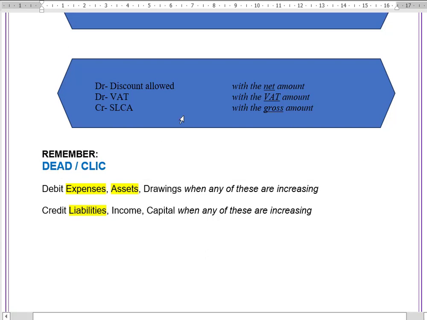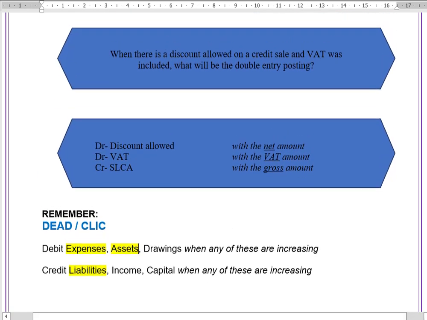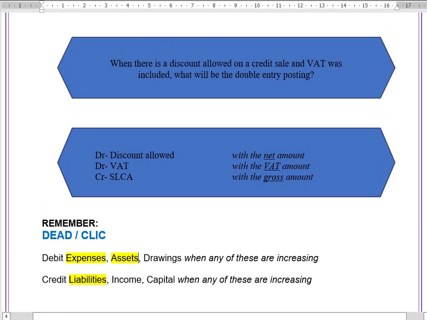So hence, we are crediting SLCA. So please remember, your scenario is the fact that a customer has paid you and now they're taking on a discount. That usually will be your prompt payment discount. If they're taking on a discount, what would you debit and credit in order to account for the discount? You debit your discount allowed, debit your VAT, and you will credit your SLCA.